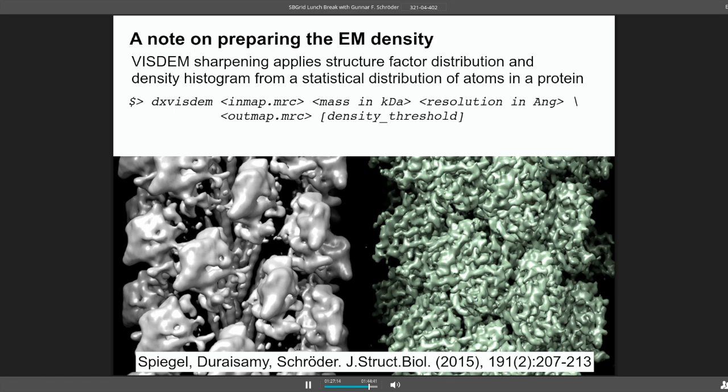You also have to give the mass of your protein. From that, it estimates the volume, determines the structure factor and the density histogram, and applies those to the map. This usually gives you a better balanced density map, and this is also part of DireX. The tool is called DireX Wisdom.